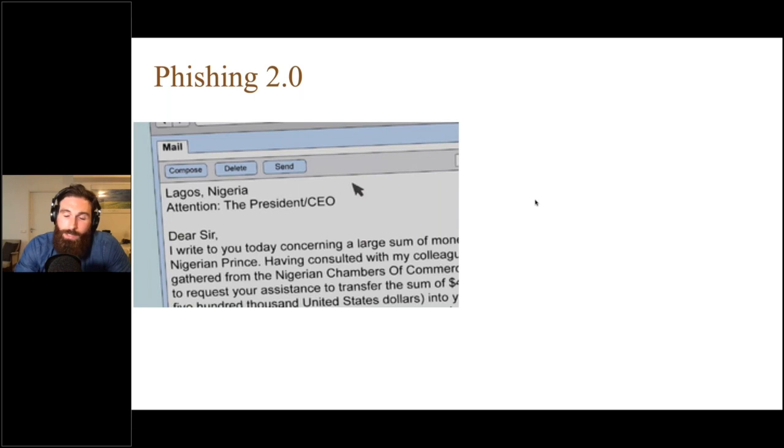Social engineering is basically a form of trickery where you try to trick someone into doing an action, particularly giving over sensitive information that would benefit an attacker. So a classic example of this is phishing via email, the Nigerian prince scam where you're asked to provide your bank information so that someone can send you a large sum of money.